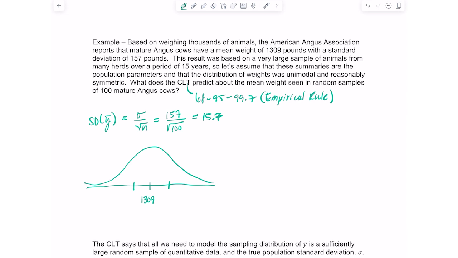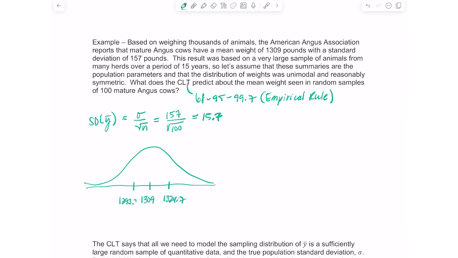So if I was to add 1309 plus 15.7, I would get 1,324.7. And then if I subtract 1309 minus 15.7, I would get approximately 1293.3 pounds. And I would keep doing that.